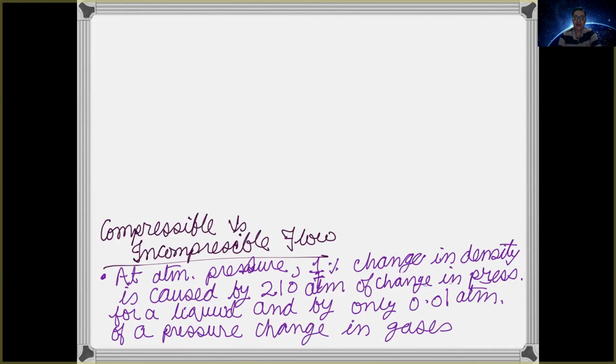So with this statement, I just wanted to demonstrate that for liquid, most of the time, the change in pressure we observe in the flow region is much less than this 210 atmospheres, and the density variation in liquid for all practical purposes is considered to be incompressible.